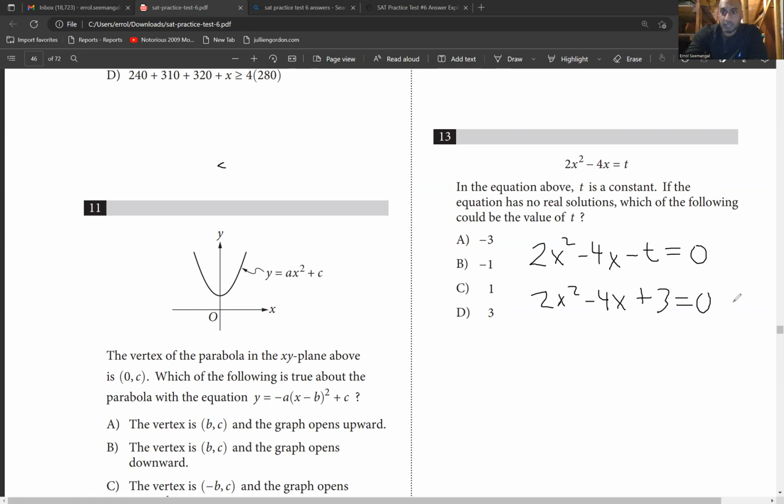That's the first one, that's A. B would be 2x squared minus 4x minus 1 is 0. C is 2x squared minus 4x plus 1 is 0. D is 2x squared minus 4x plus 3 is 0.